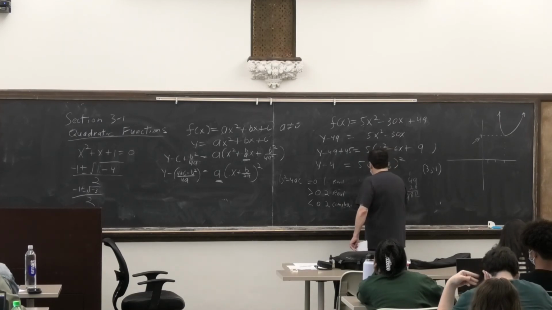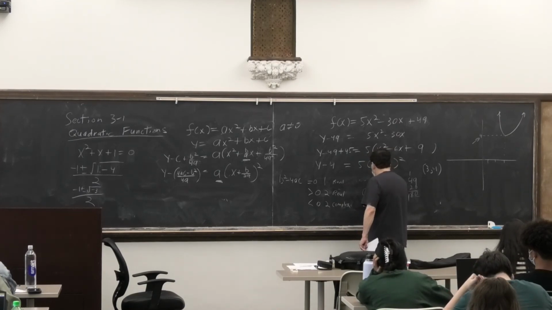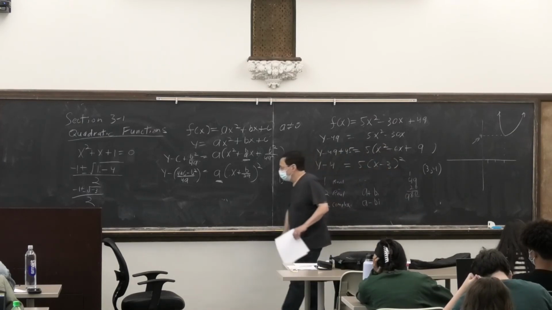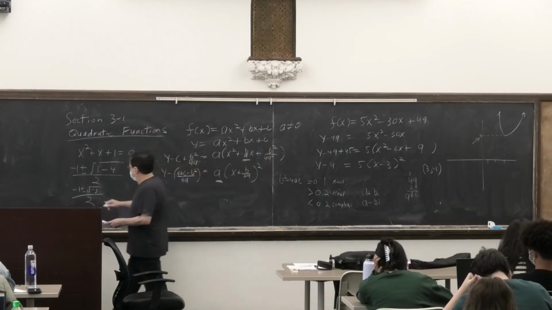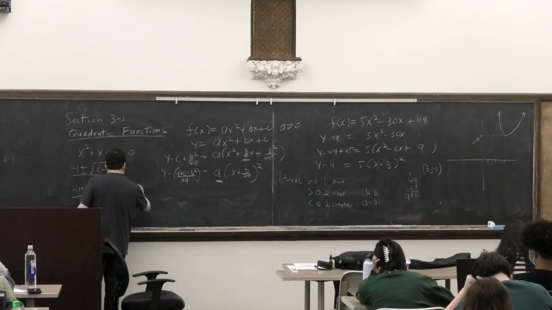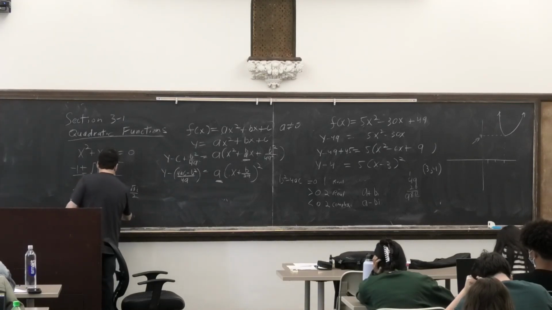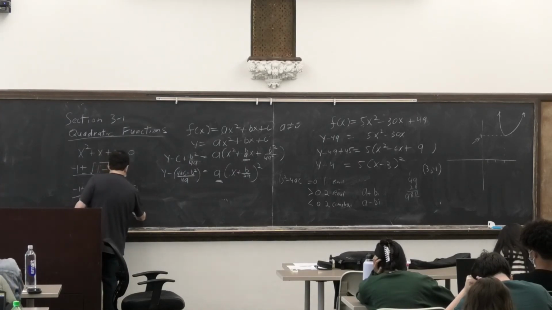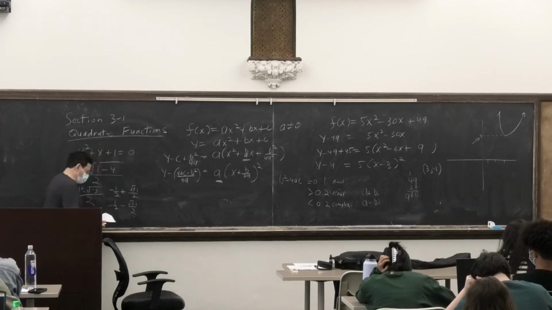They're going to be a plus bi and a minus bi. Here we have minus 1/2 plus square root of 3i over 2, and negative 1/2 minus square root of 3i over 2, complex conjugates.